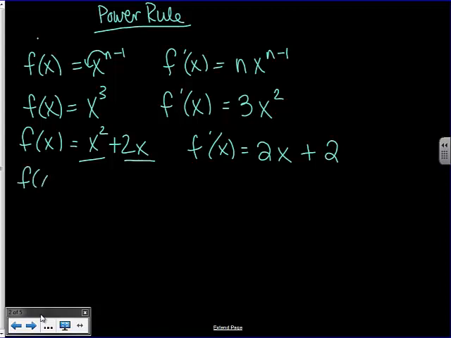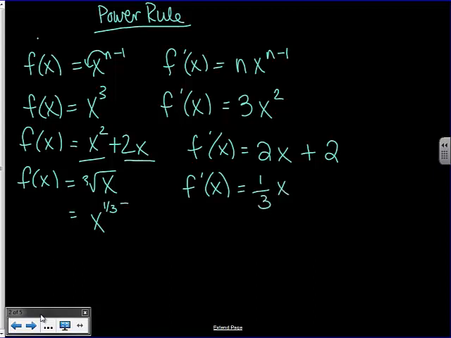What if I tell you f of x is cube root of x? Well, we might have to rewrite that to make it a little more workable. Remember what I said about cube roots before? I can rewrite that as x raised to the 1/3. So again, my power comes down in front. So f prime of x is 1/3 times x.